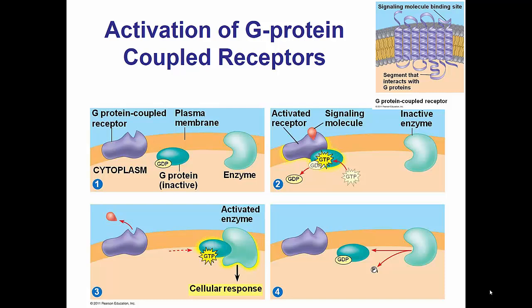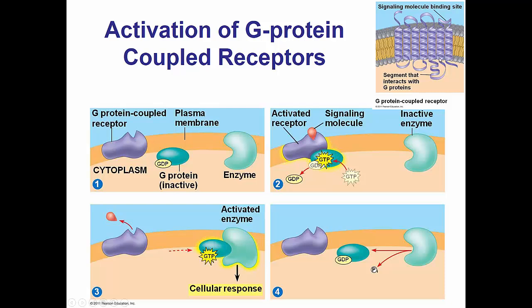So in order to understand the G protein coupled receptor pathway, we first need to understand something about the structure of G protein coupled receptors. If you look at this image on the right, this shows the structure of a G protein coupled receptor. These receptors are also known as 7-transmembrane receptors because they cross the membrane 7 times via 7 hydrophobic alpha helices.